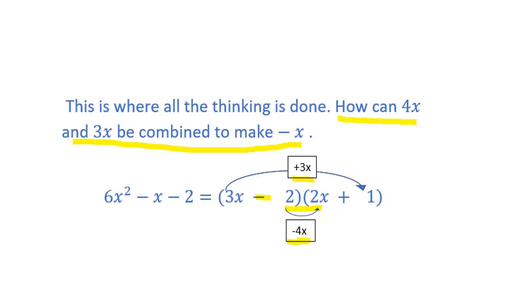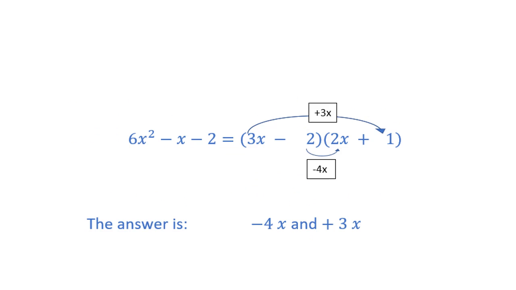And to make sure I get plus 3x, I make sure that combination has a plus sign there. So I get plus 3x. And there's my answer. Those are my factors: 3x minus 2 and 2x plus 1. I must have minus 4x and plus 3x, and as you can see, I've done that there.